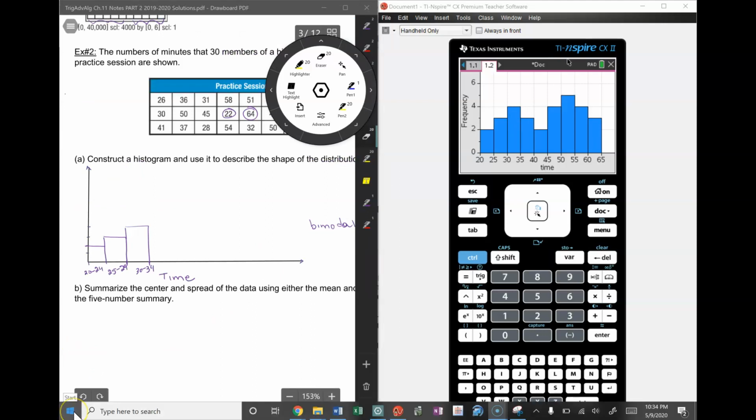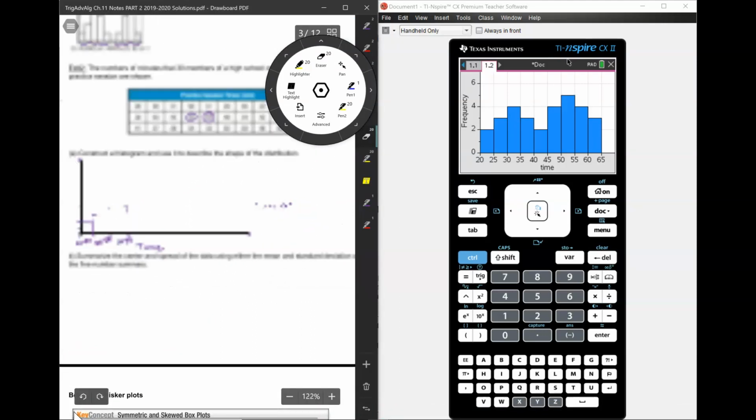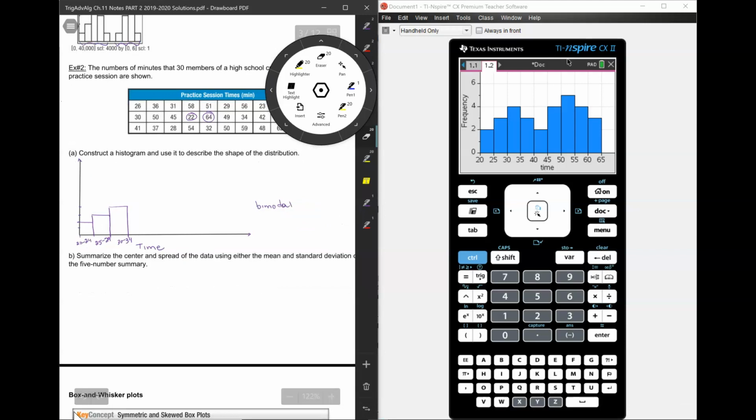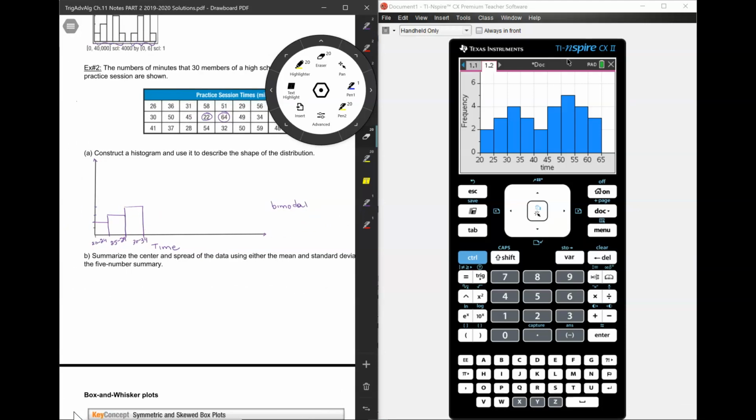And this next question says, summarize the center and spread of the data using either the mean and standard deviation or the 5-number summary. Okay, so this is bimodal. That means we have to take it as essentially 2 separate histograms. Now, you see here in the calculator how the histogram sort of gets divided at that 45-minute mark.